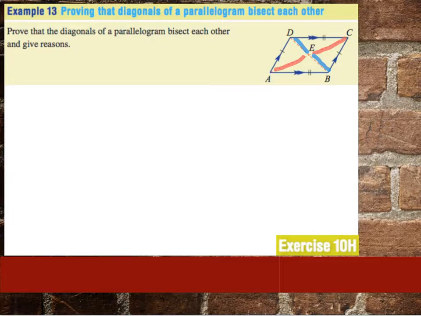So I'm going to pick two triangles, which I'm then going to prove congruent, and once I've done that, I will show you how to make your statement. So if I want a triangle with a blue and a red to be congruent to a triangle which is a blue and a red, I'm going to use two triangles, and I'm going to make them bright yellow so you can see.